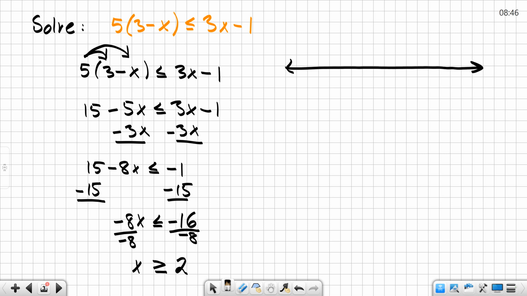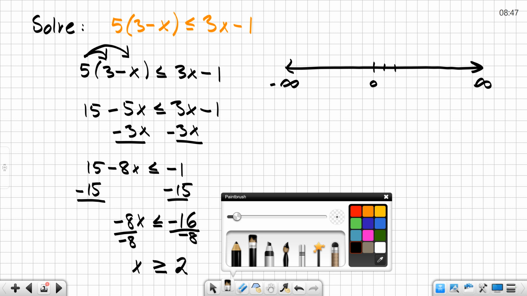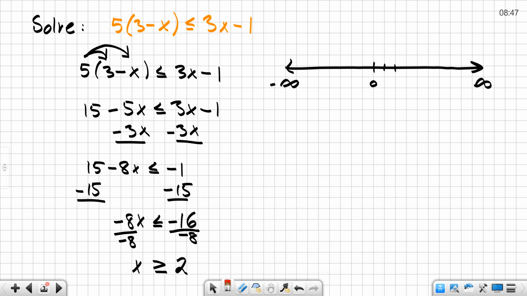If I make myself a number line, I would say down here maybe there is 0. This is positive infinity. Down here there is negative infinity. Then let's say this is 1 and this is 2. And my numbers are supposed to be greater than or equal to positive 2. Then the graph looks like this.